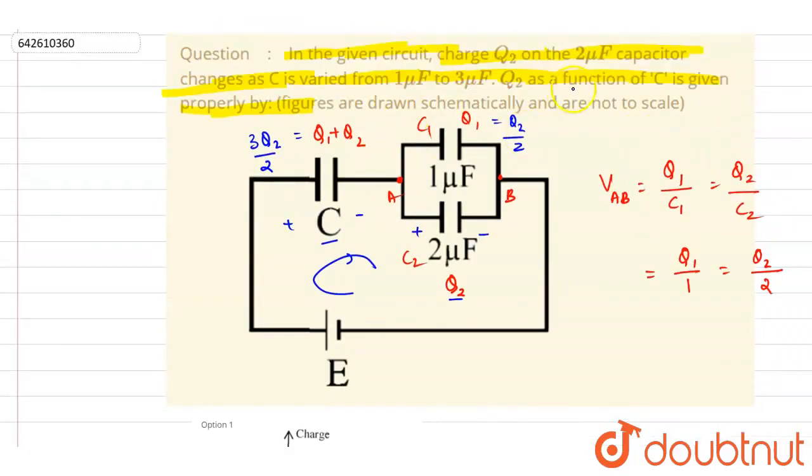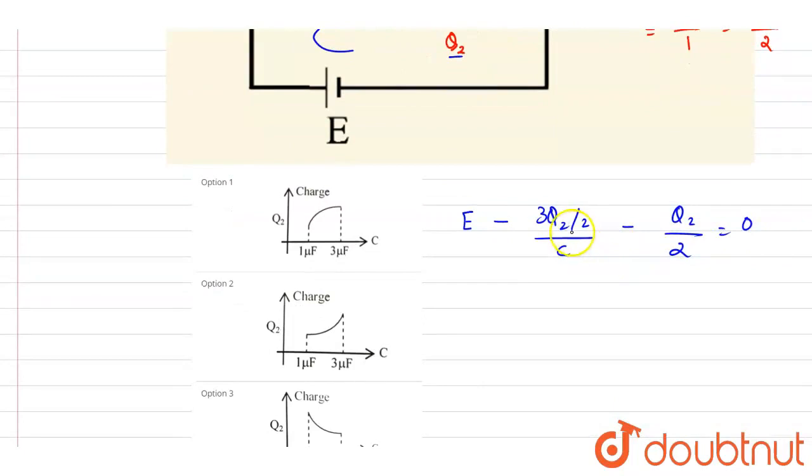Now what we want here is Q2 as a function of C. You can see here we related Q2 and C, so you can just take Q2 common here. If I write it down, it is E, and I will take Q2 outside. So if you take this Q2 term on the other side, it is 3 by 2C plus half.